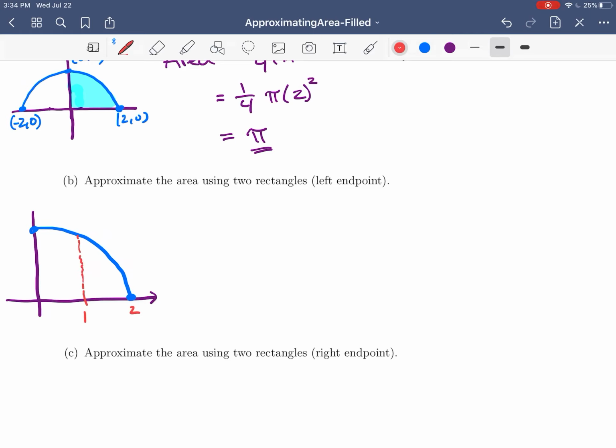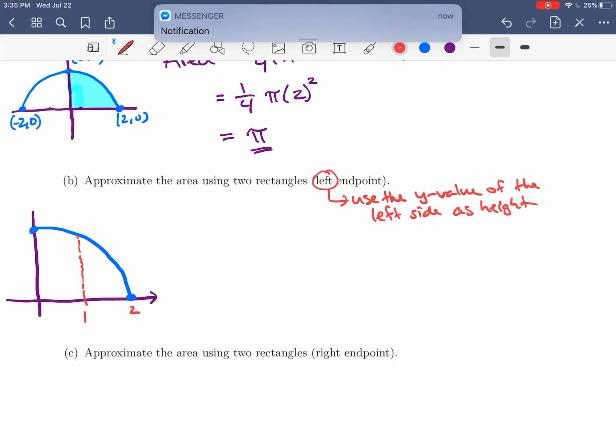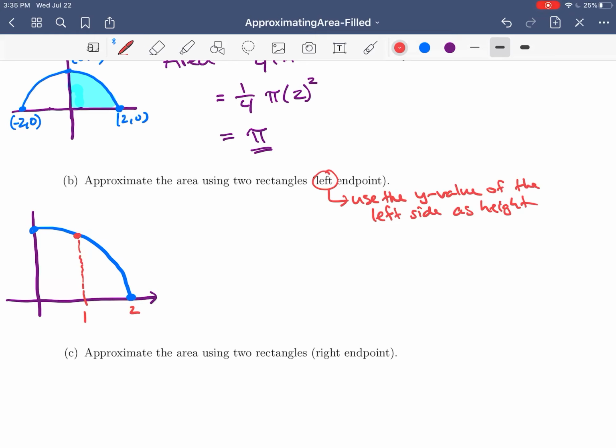So I'm going to split, and then the left endpoint, what that means is that we're going to use the y value of the left side as the height of our rectangle. So in a picture form, what that's going to look like is we're going to use this y value as the height for that rectangle.